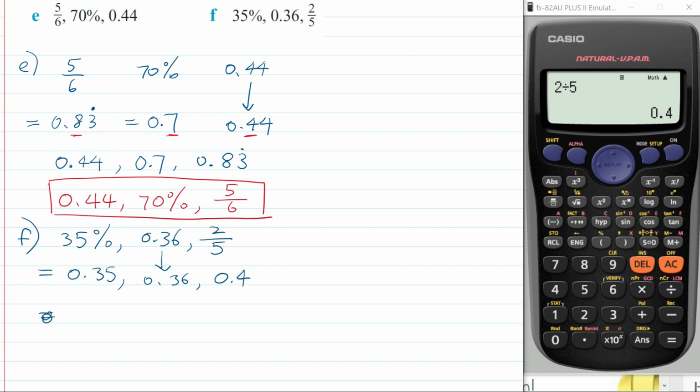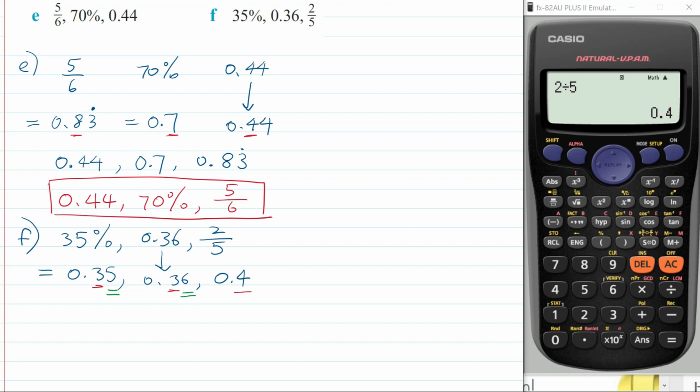Now let's put these in order from the smallest to the biggest. You can see that by comparing our place values, we've got two numbers here that both have 3 in their 10th place value. So we now have to look at the next place value to make sure that we catch the correct number. That's a 5 in the 100th place value. That's a 6, which is smaller. Obviously, it's this number there.